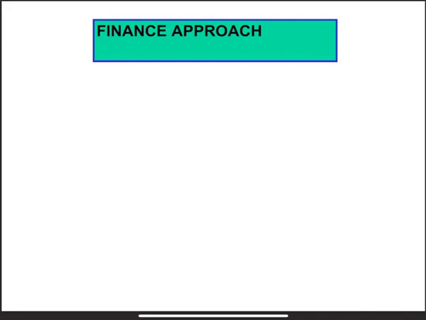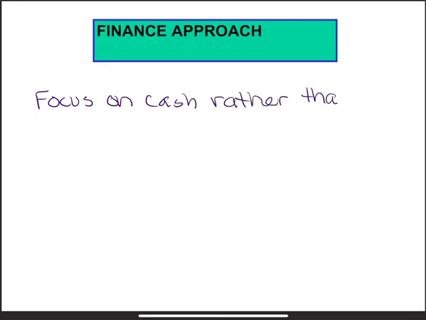So you remember taking accounting, and the accounting approach was a little bit different. In this class, we use the finance approach. And the finance approach has us focusing on cash rather than accounting profit and loss. So for this class, we will be focusing on cash rather than accounting profit and loss.